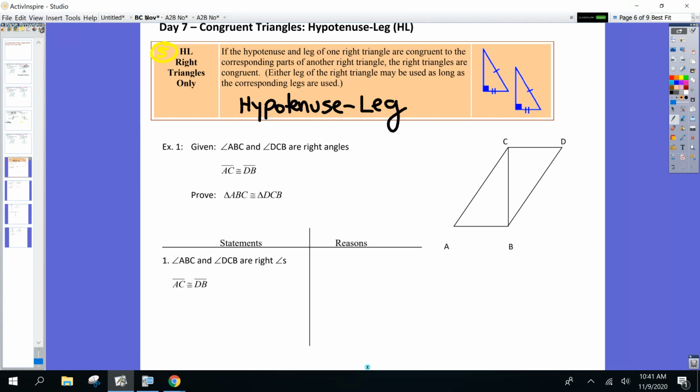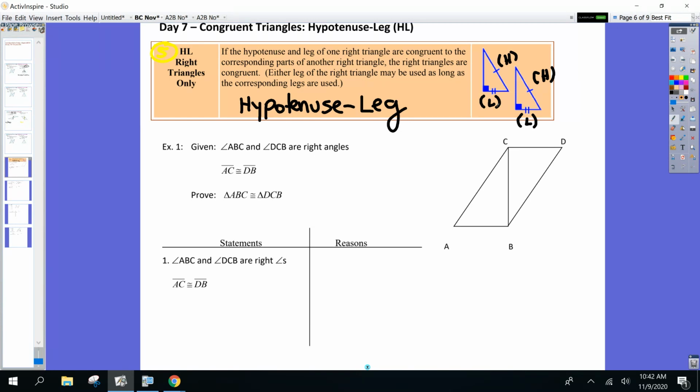So if the hypotenuses, take a look at my diagram, if the hypotenuses are equal, and you have a pair of legs equal, the triangles will be congruent by a method now known as HL. Because if I had given you this diagram last week, why isn't this congruent by side angle side?